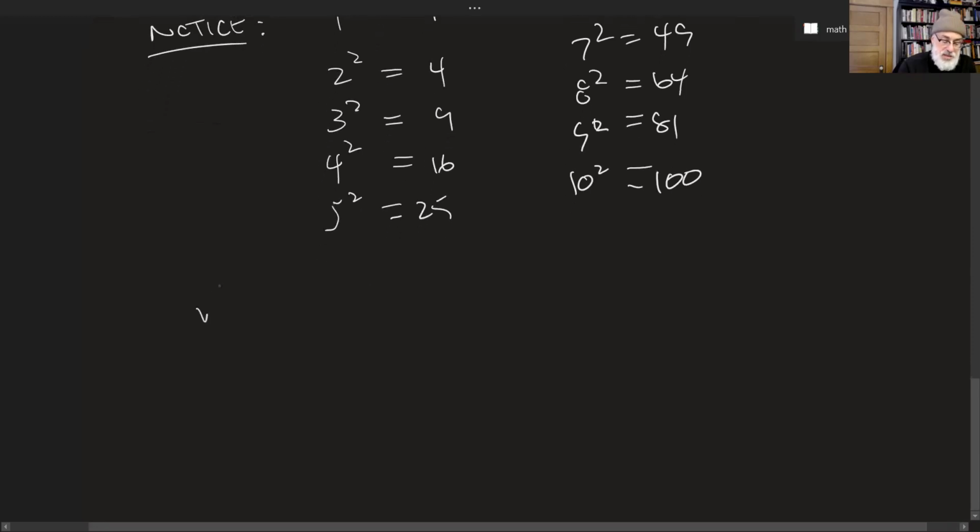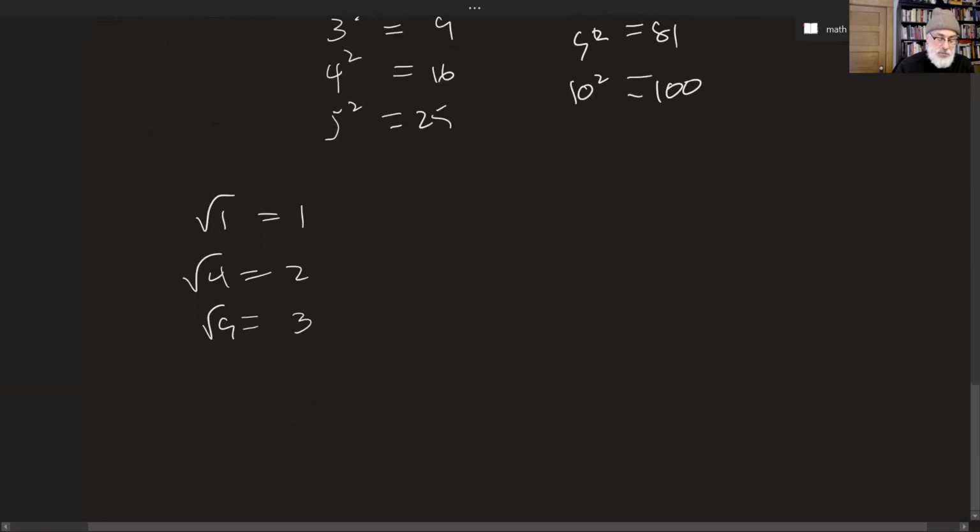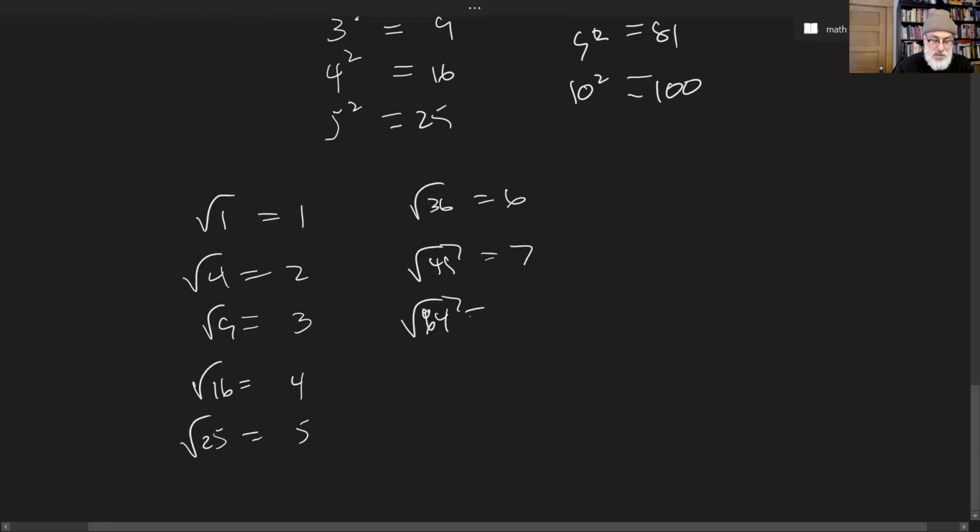So notice then that the square root of 1 is 1, 4 is 2, 9 is 3, 16 is 4, 25 is 5, 36 is 6, 49 is 7, 64 is 8, 81 is 9, and 100 is 10.